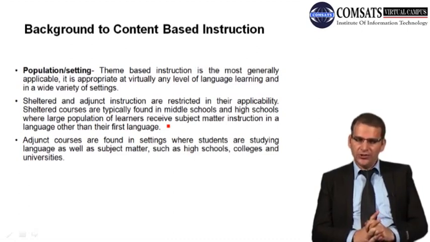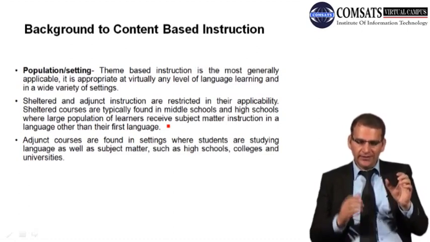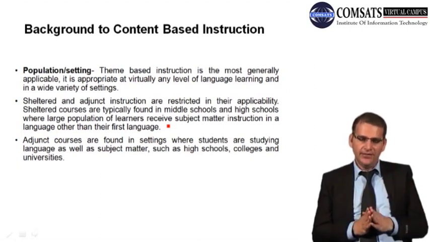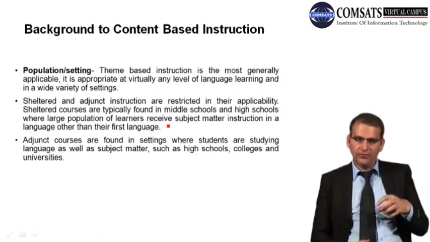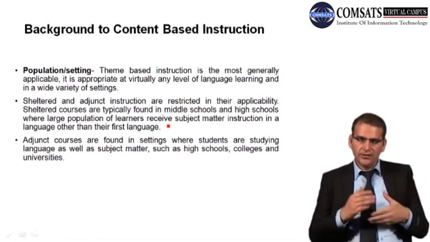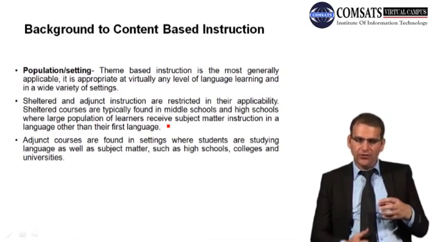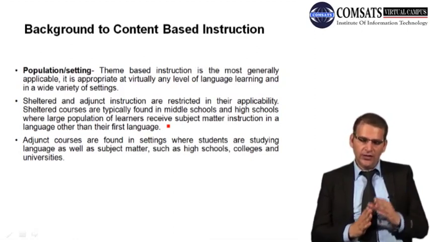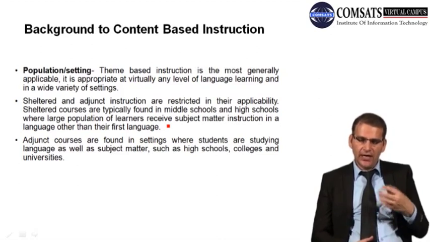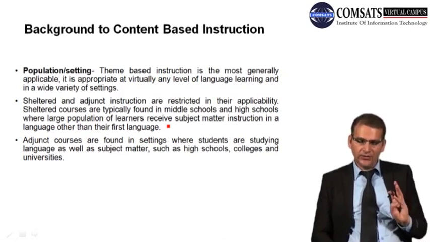This is what we call sheltered instruction, right? Adjunct courses are found in settings where students are studying language as well as subject matter, such as high school, colleges and universities. That is what adjunct courses are.